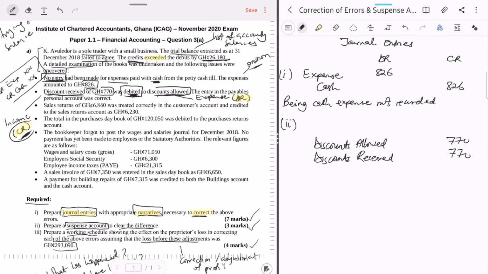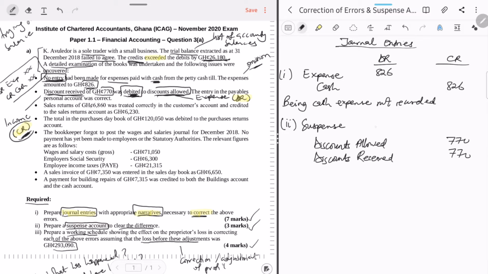So since you're in suspense and you're not sure where to take the figure, then we take our debit to the suspense account. But remember in accounting, always your debit entries should equal your credit entries. So if here we have been able to say that our credit entries will be 770 times 2, which is, calculator, 770 times 2 should give me 1,540.